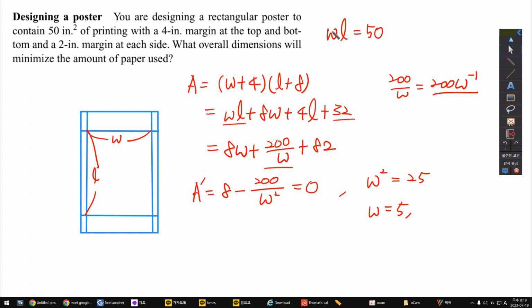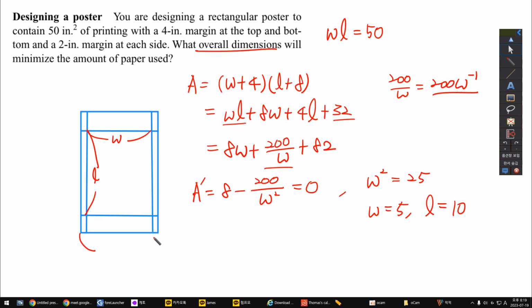So when width is 5, what's the length? 10, to make 50. And then what's the overall dimension?